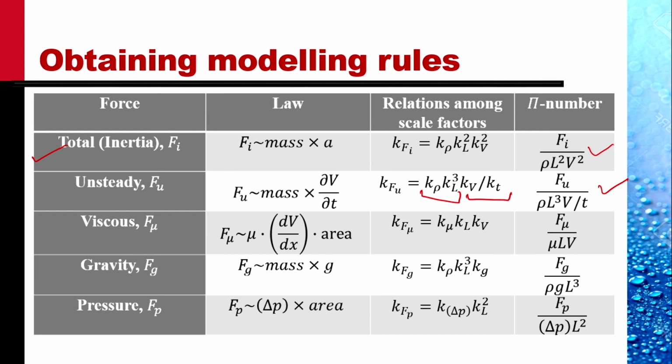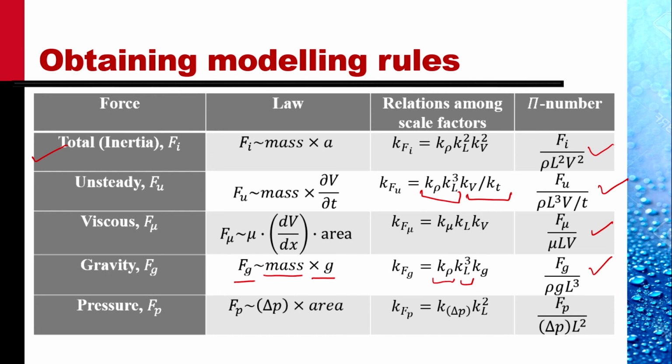For viscous forces, we obtained the pi number as F mu by mu LV in the last slide. Similarly, we could write for gravity. The gravity force is mass times g, and mass is density times the volume, so that Fg divided by rho g L cubed is the pi number for the gravity force.